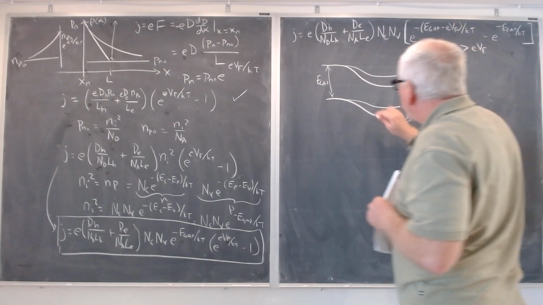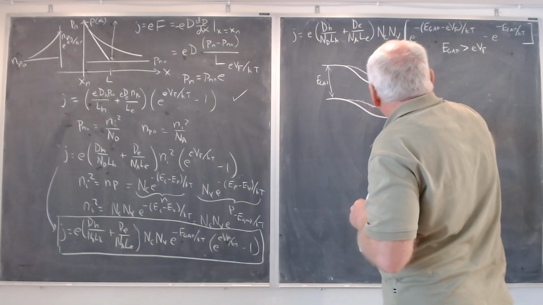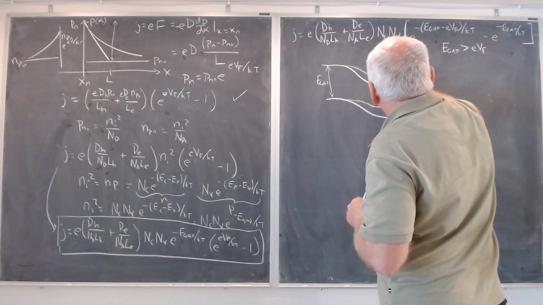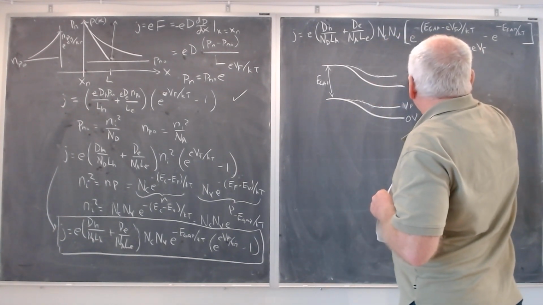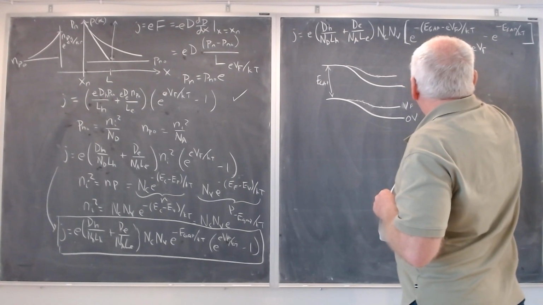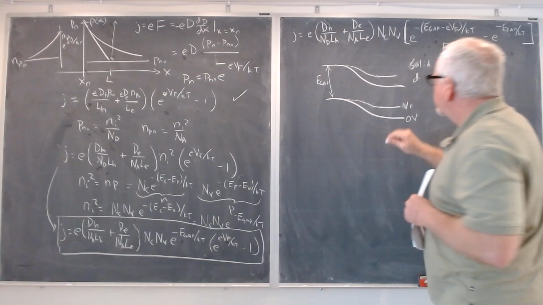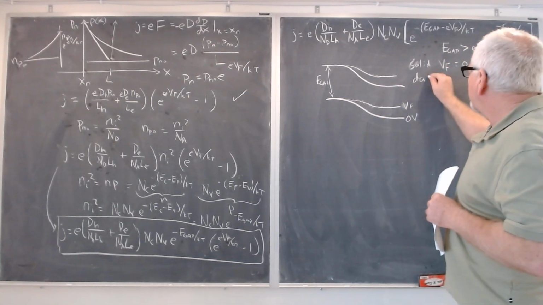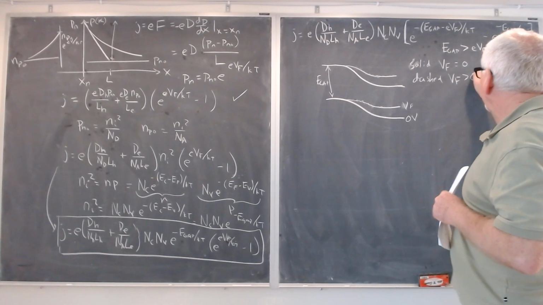Colored chalk, I don't have colored chalk. I should get some. Let me make that dashed. So solid is VF equals 0, and dashed is VF greater than 0, forward bias.